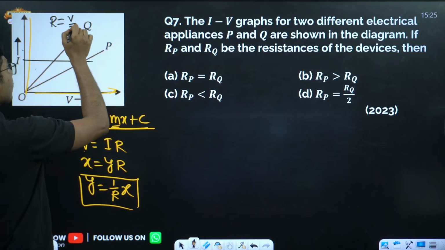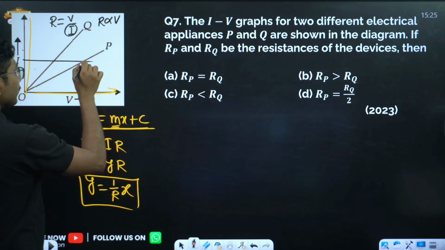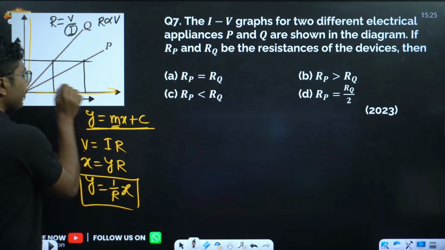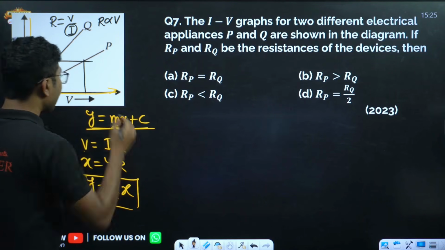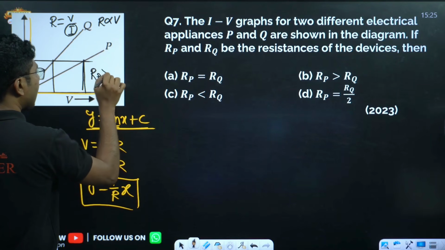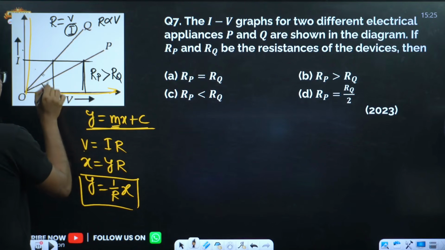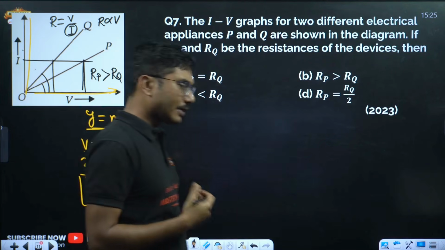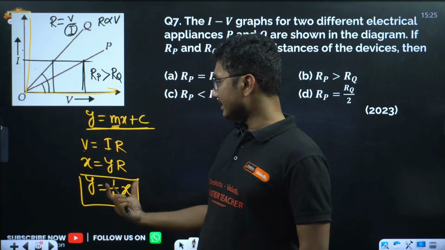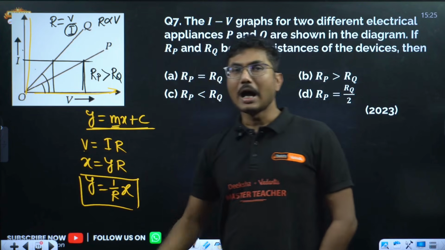For constant I, resistance is proportional to voltage. So here, whoever is giving you higher voltage, which is bigger, obviously further from the origin, means a bigger value. So Rp is bigger than Rq. You can calculate the slope from here also, calculating the angles, and you can say that the angle is more for Q, that means it will have less resistance. The angle is less for P, that means it will have a higher resistance.